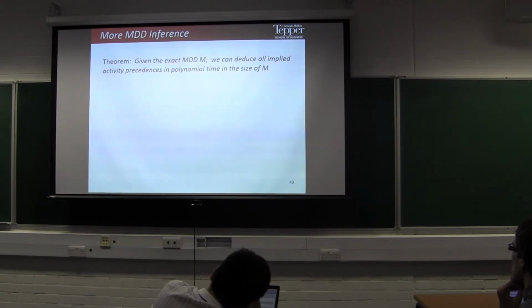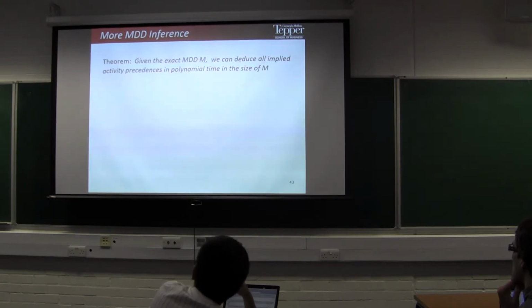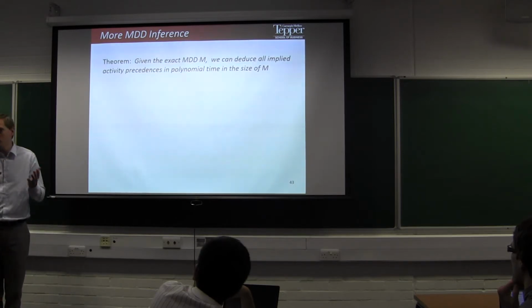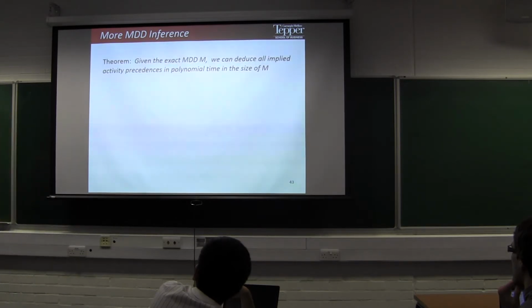Now the nice thing is that if you give me the exact MDD, I can give you all the activity precedences in polynomial time in the size of the MDD. But the MDD can be of exponential size, obviously. And this is not a big surprise, because if you have the MDD, the entire problem is already solved. That in itself is not so interesting, that you can deduce all activity precedences.